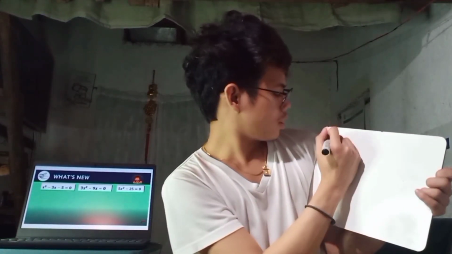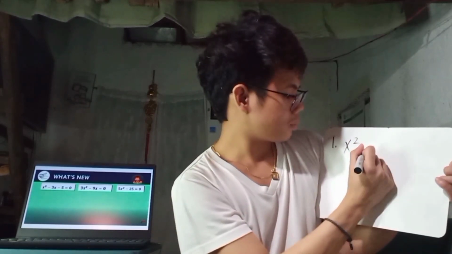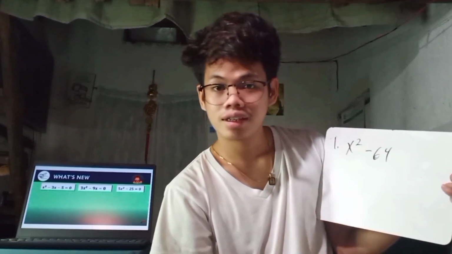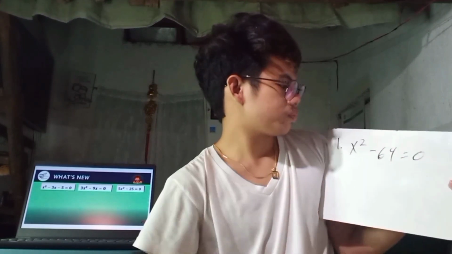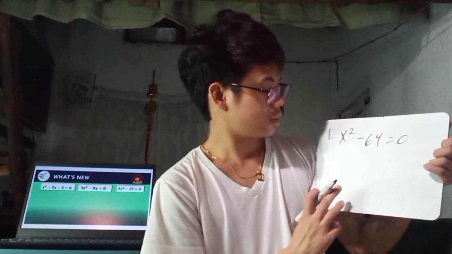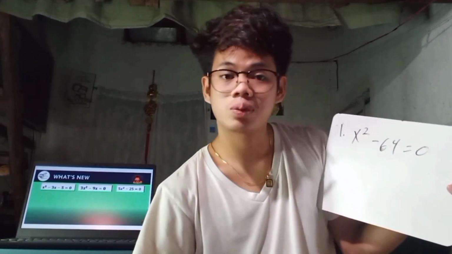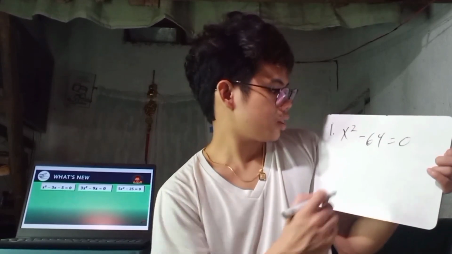Let's say x squared minus 64 is equal to 0. How do we get the roots of this equation? Okay, by applying the square root property.